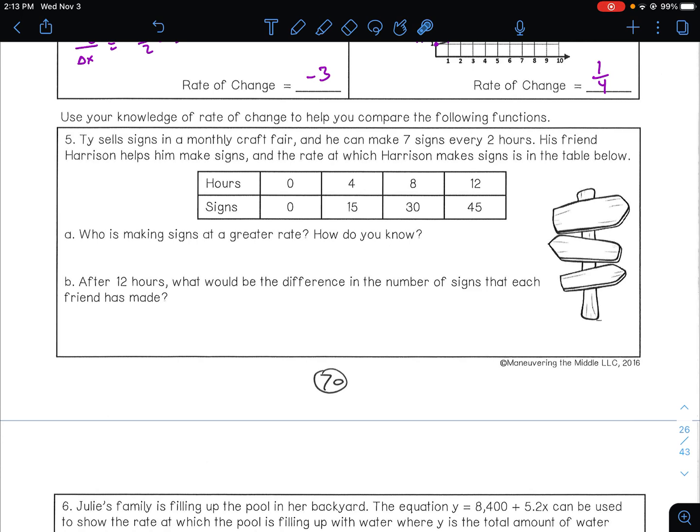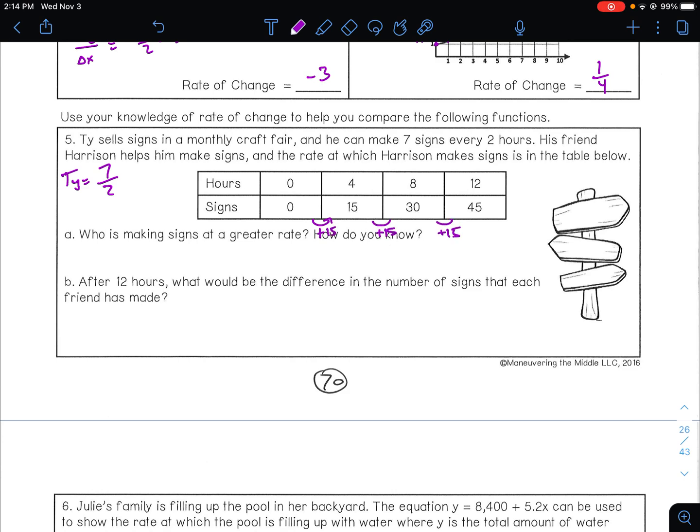So they say that Ty's rate is 7 signs every 2 hours, right? 7 over 2. Harrison's looks like his signs, he goes from 0 to 15. That's plus 15. And then plus 15 again, and plus 15.